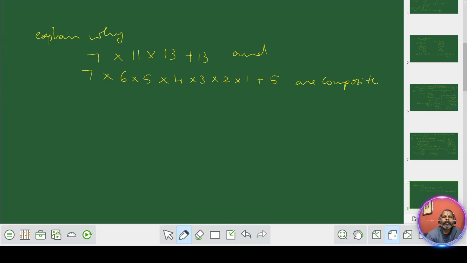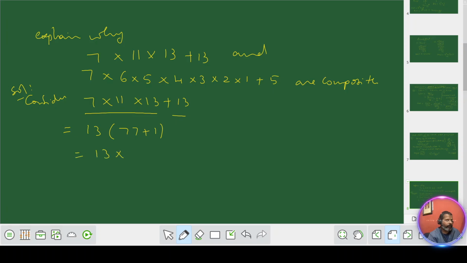We saw what a composite number is. A composite number is a number which has more than 2 factors. So let's consider the solution: consider the first number, 7 into 11 into 13 plus 13. What is common here? 13 is common. Take that out. There are two terms. So 7 into 11 is 77, plus 1, because 13 you have taken 1 time. 13 into 78.